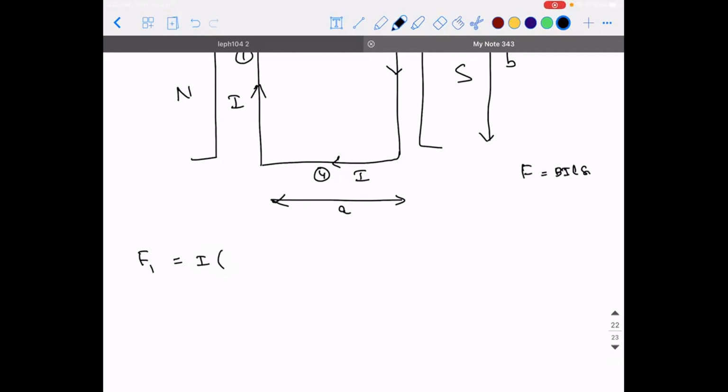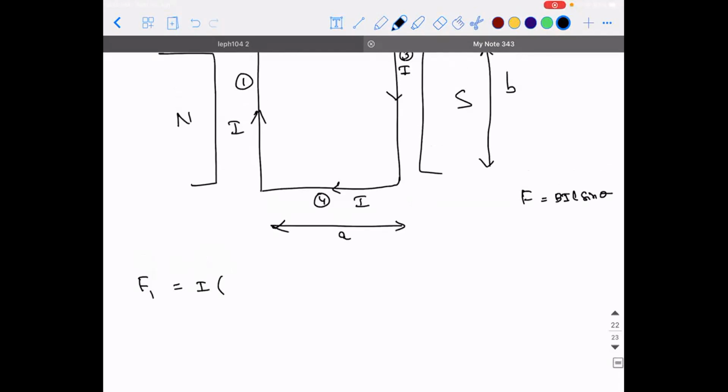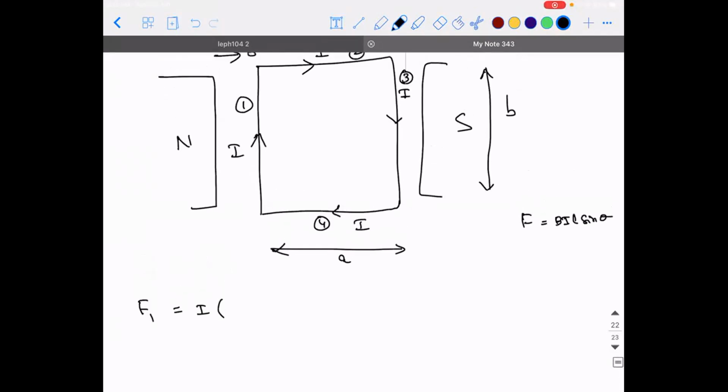What makes you people think so much? I into what is the length of side 1? B. Into the magnetic field, capital B. Sine of how much? 90. That's it. Yes, BIB is the value of the force experienced by the first conductor.